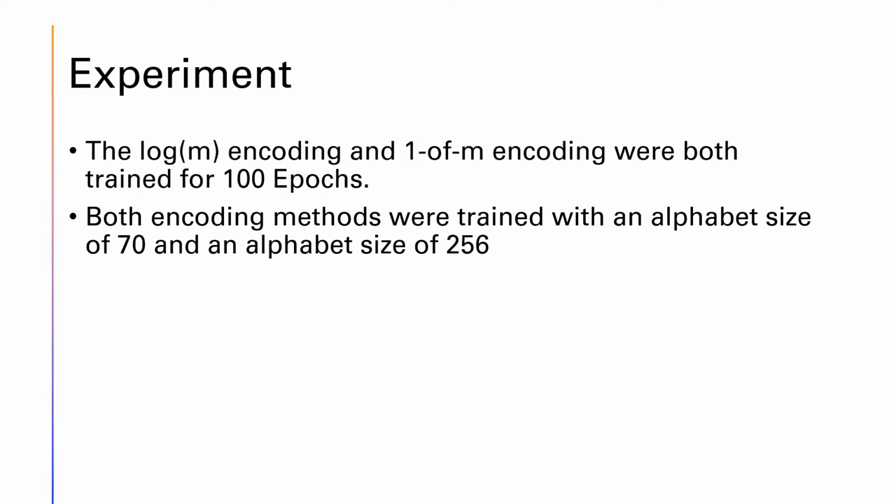Now, the log M encoding and the 1 of M encoding were both trained for 100 epochs. Both encoding methods were trained with the standard alphabet size of 70 and an alphabet size of 256. And we compared the two to see which one performed better.